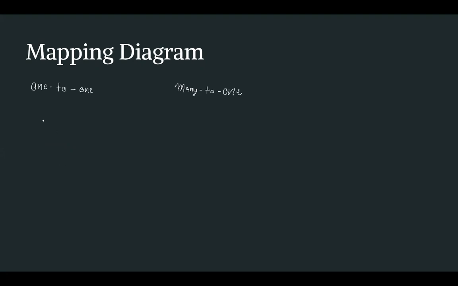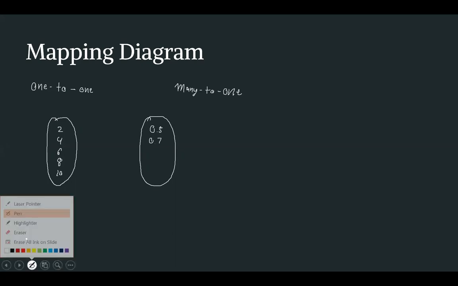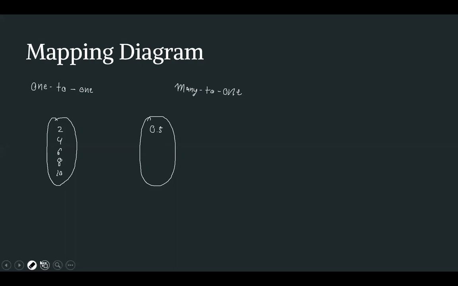So let me give you an example. Let's just say I have 2, 4, 6, 8, 10. And I have a second set: 0.5, 1, 1.5, 2, 2.5.